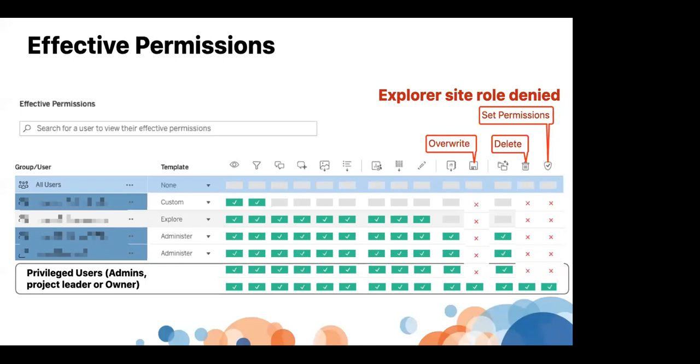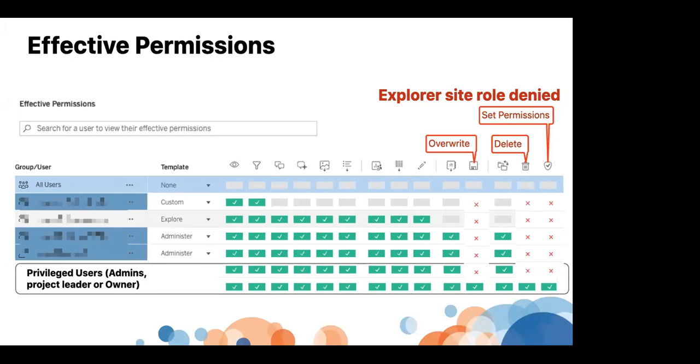Second is that Tableau takes the denied rule based on site role. The site role deny includes certain site roles you cannot overwrite. Of course, cannot delete, cannot set a permission. The Explorer site role cannot do those. Those are mainly two kinds of additions that Tableau applies to make it effective.